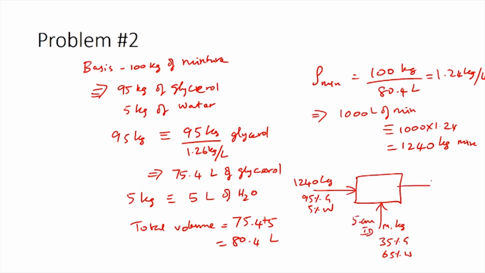So, the final flow stream, let us call it M2 kilograms, contains 60% glycerol and the rest 40% is water.